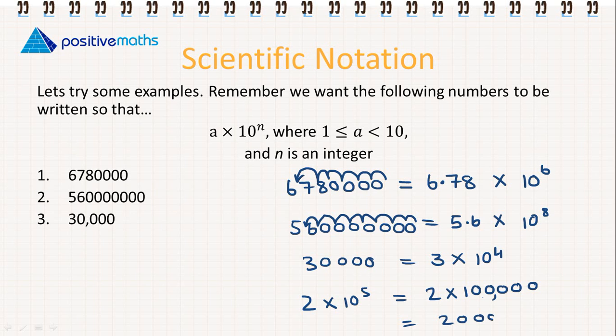So we get 200,000. We should be able to very easily change numbers from the big numbers to scientific notation, but also expand the scientific notation into the bigger number as well.